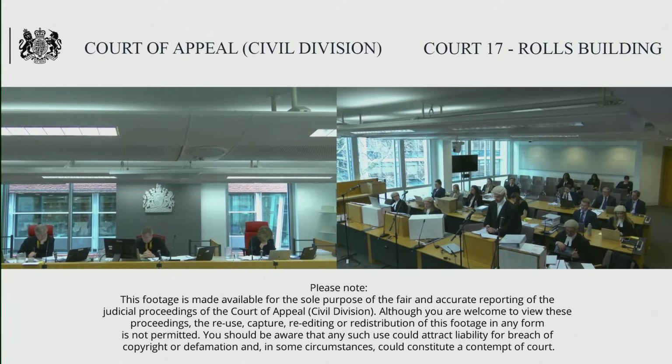So in my submission, the judge's reasoning on the stylization point is unimpeachable for the following reasons. The first is that the respondent expressly does not take issue with the judge's summary of the law on this point, and it's clearly and correctly set out in paragraphs 87 to 90 of the judgment.